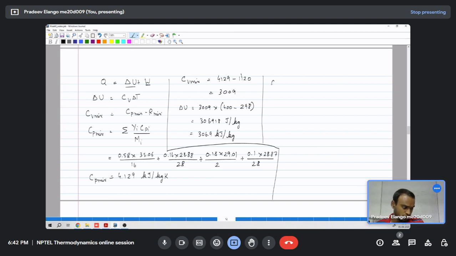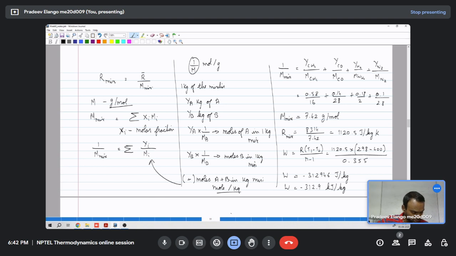Q is equal to delta U, which is 306.9, plus work transfer, where we had a negative value of 312.9.